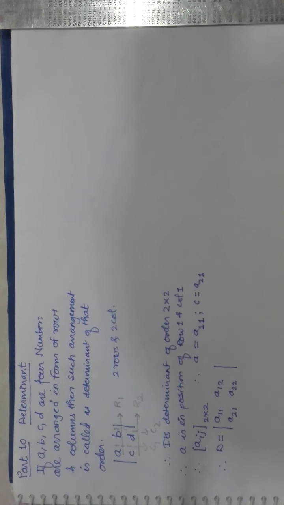Now you can see here that i is equal to j, means whatever the row number is, the same is the column number. Here also row number and column number are the same. So these elements which have i equal to j are called diagonal elements.